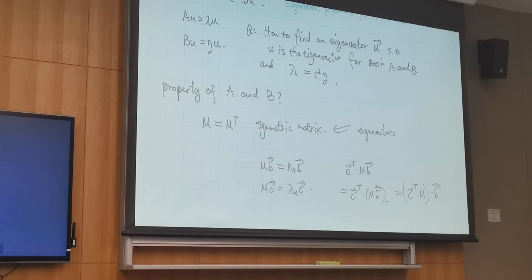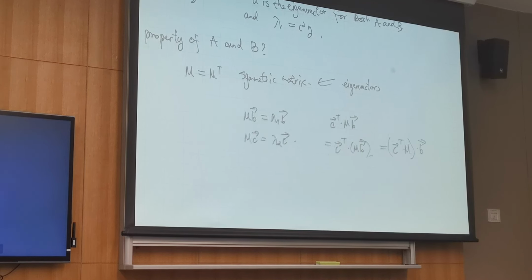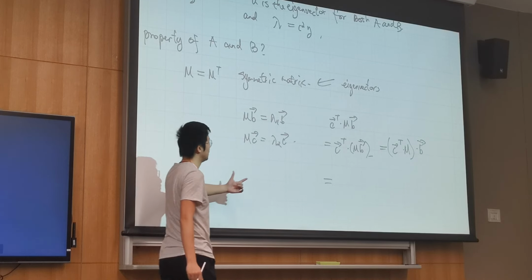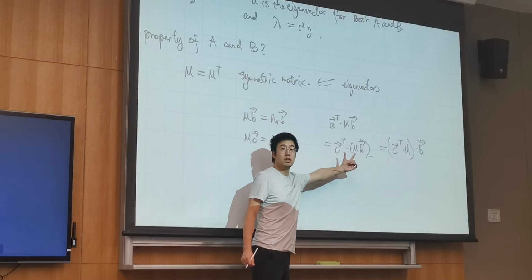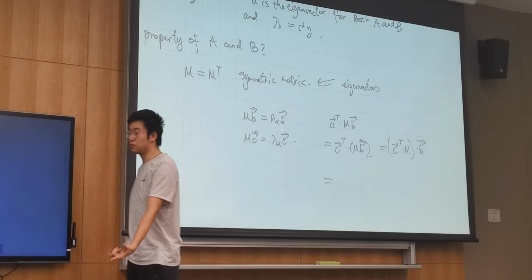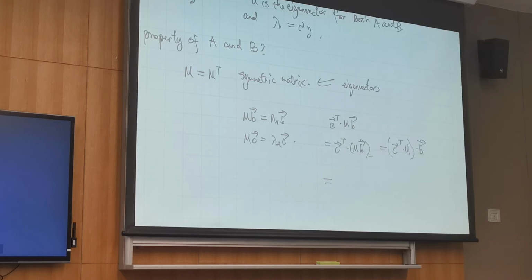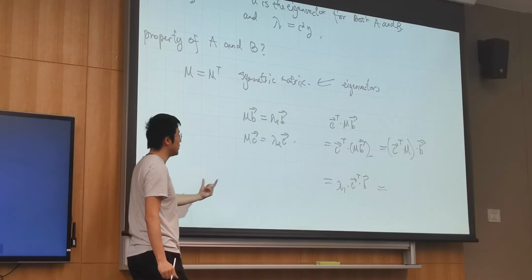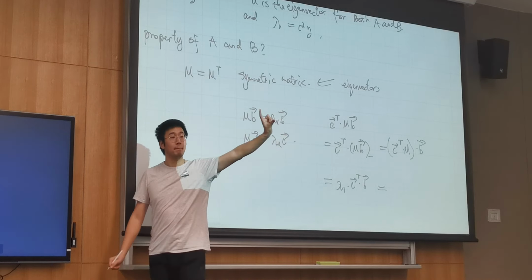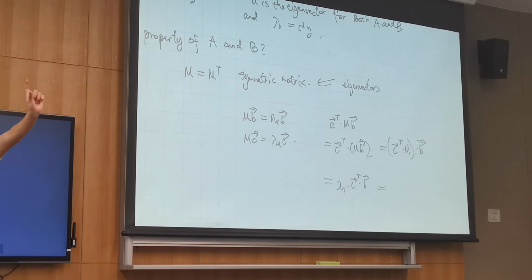So far so good? What is MB? That's lambda 1 B, but lambda is a value, so that's lambda 1 multiplied by C transpose B. What about the second one? What is C transpose multiplied by M?